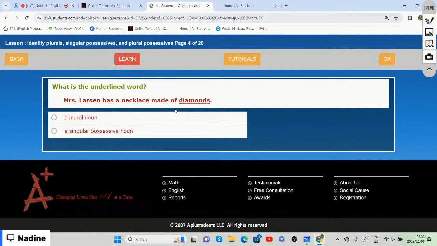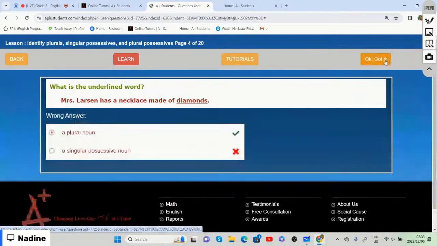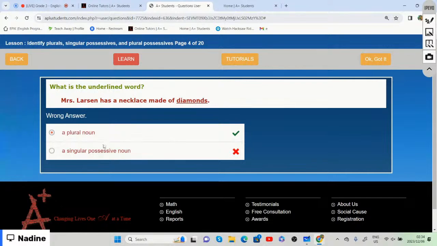But as soon as we have an apostrophe, then we need to decide if it's singular possessive or plural possessive. But in this case, Mrs. Lawson has a necklace made of diamonds, right? And we chose the singular possessive noun. Oh, sorry, I think I chose the wrong one, but it is a plural noun, right?